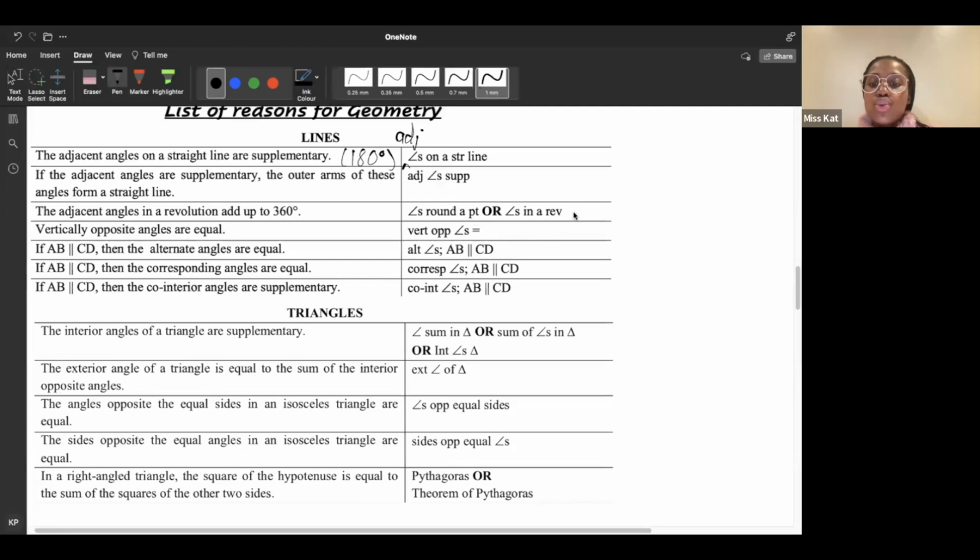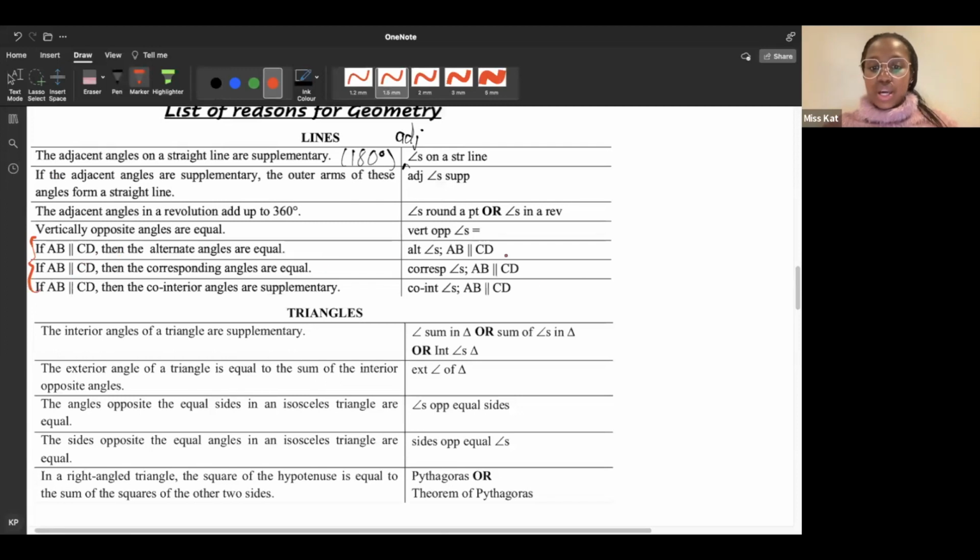You can either say angles around a point or angles in a revolution. And then the one we just used, vertically opposite angles: angles across each other from a vertex made by two straight lines will be equal. And then these are the ones we just learned to do with parallel lines.